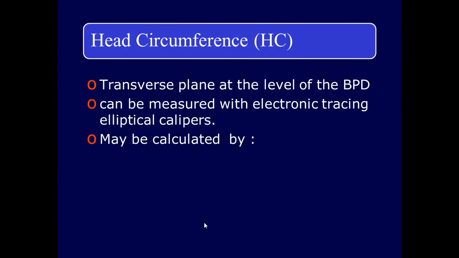The head circumference measurement is taken in the transverse plane at the level of the BPD and can be calculated from the same frozen image. The head circumference can be measured with electronic tracing or elliptical calipers that allow head circumference to be calculated electronically, or it might be calculated by obtaining the appropriate transverse and occipitofrontal diameters and by using this formula.